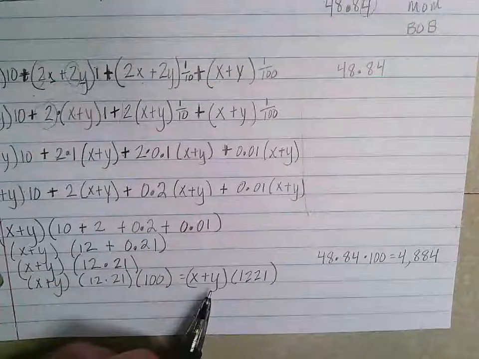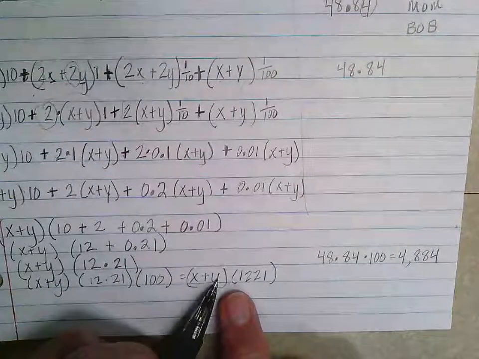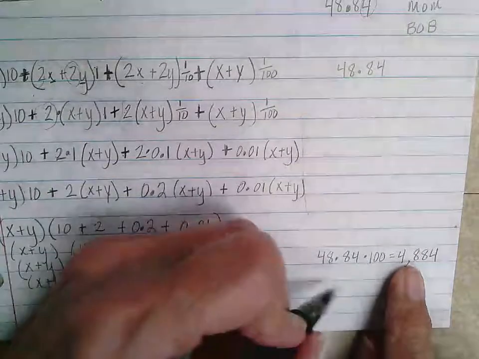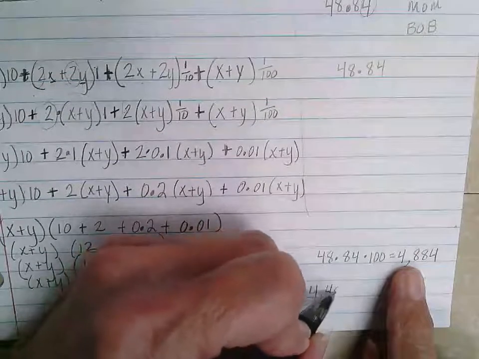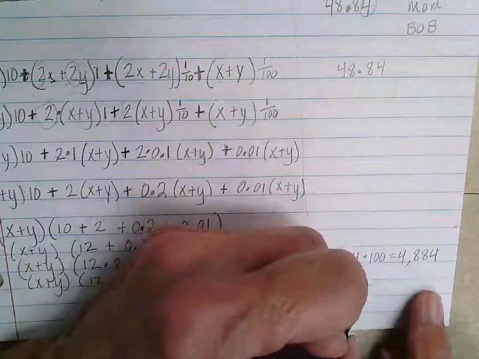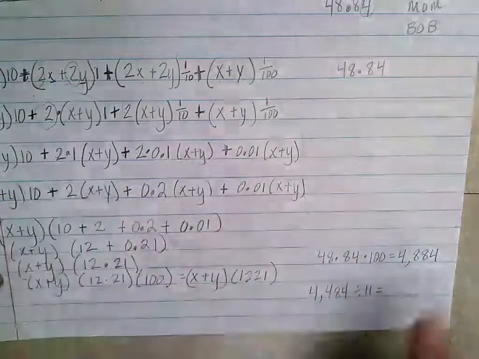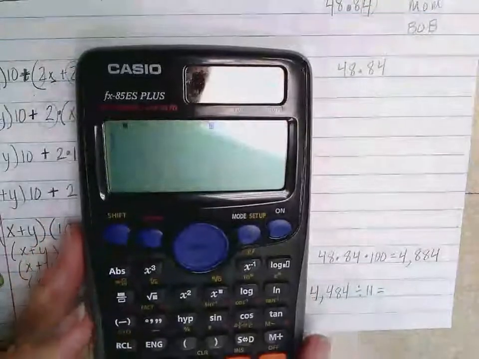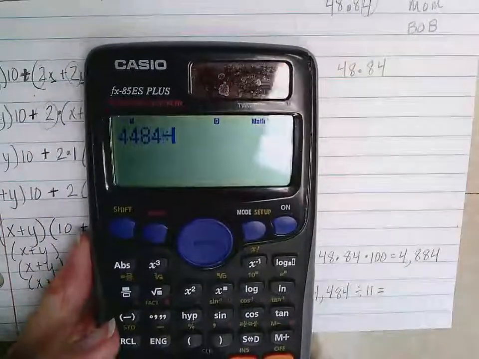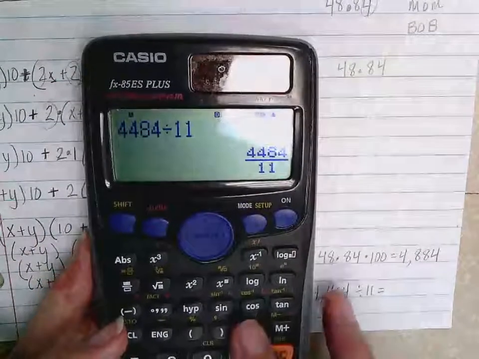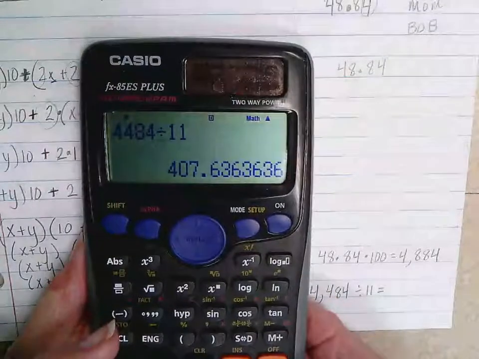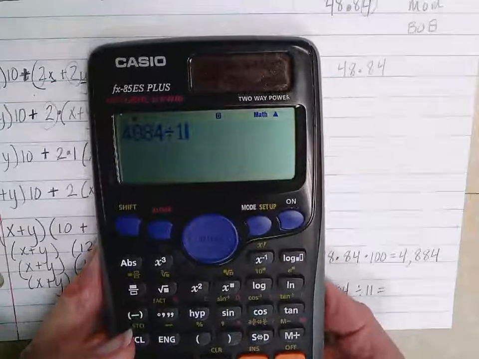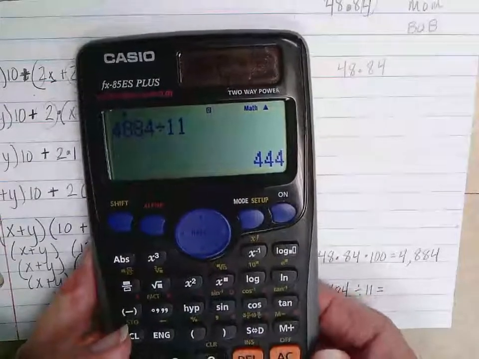Now what I'm going to do next, it says take that answer that you get and divide by 11. So here's my answer I got, divided by 11. And when I do that with my calculator, oh, I keyed it in wrong. I get 444.